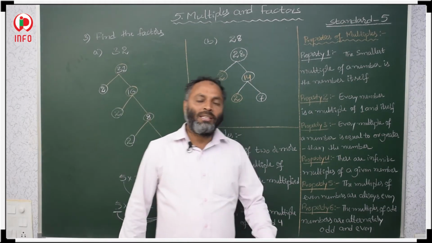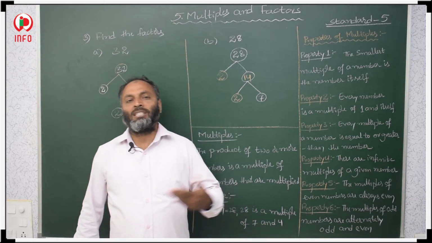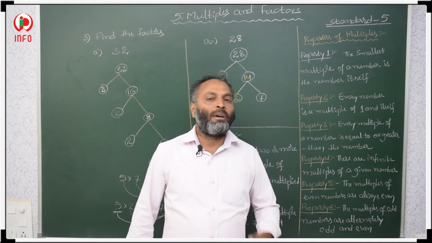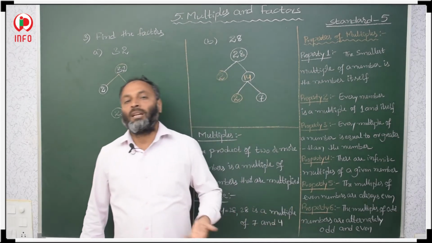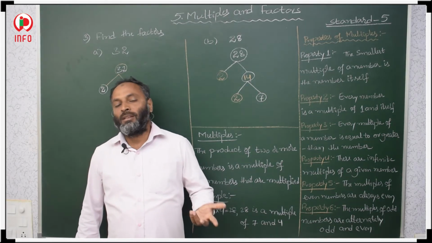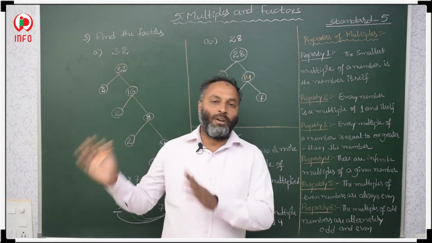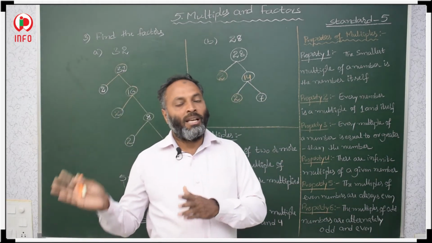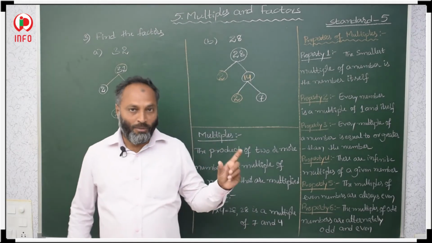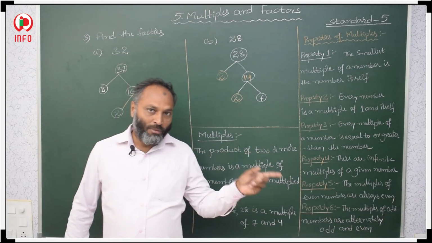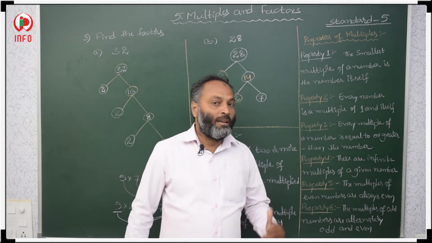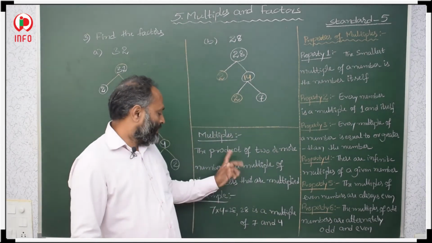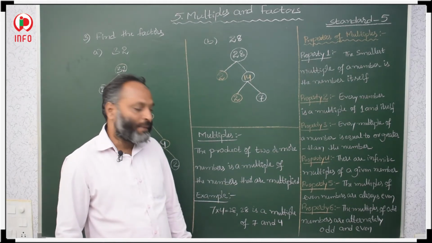In this way, a non-zero number has infinite multiples. Whatever product you get from multiplying numbers is a multiple of those numbers we are multiplying. So this is the definition of multiples.